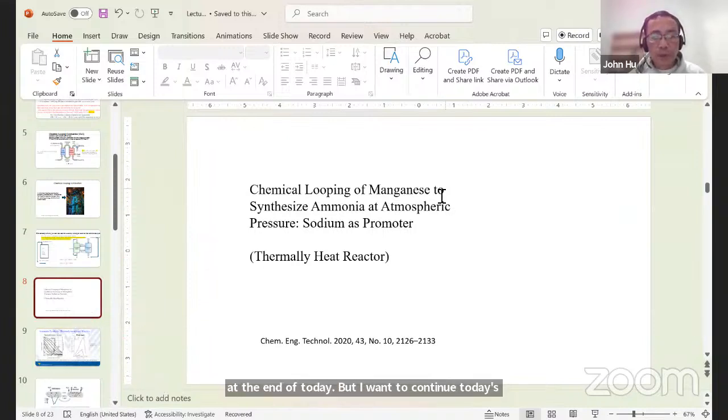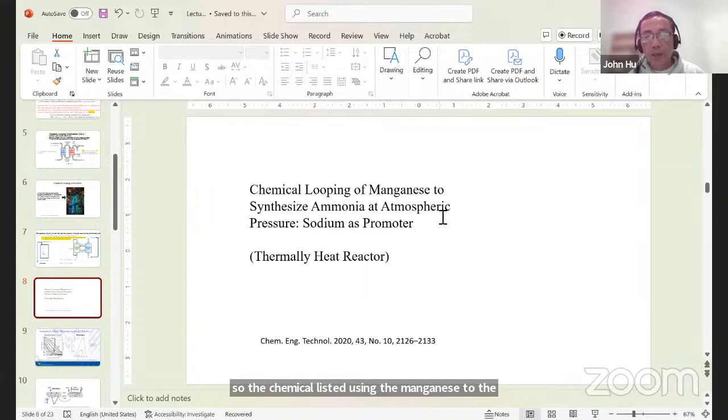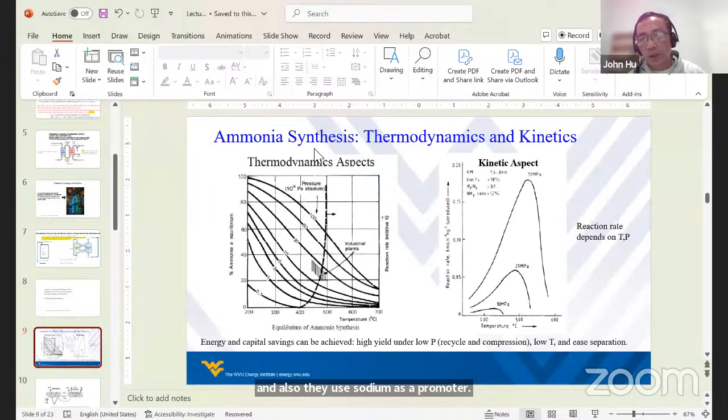So the chemical looping here uses manganese to synthesize ammonia at ambient pressure, and they use sodium as promoter. Yesterday we also discussed this graph from the book, the equilibrium conversion at different pressures, from ambient to 10 bar, 30 bar, 50 bar, 100 bar.